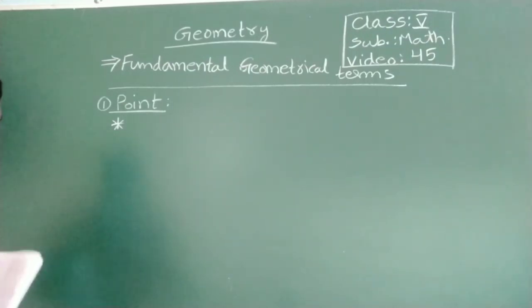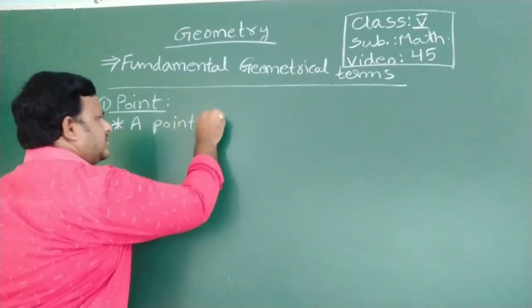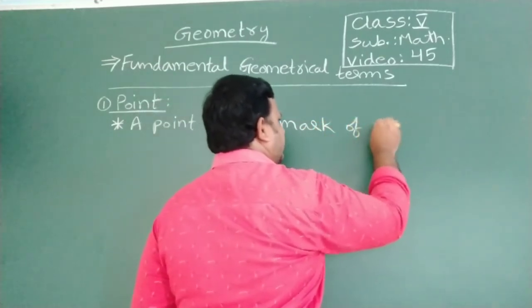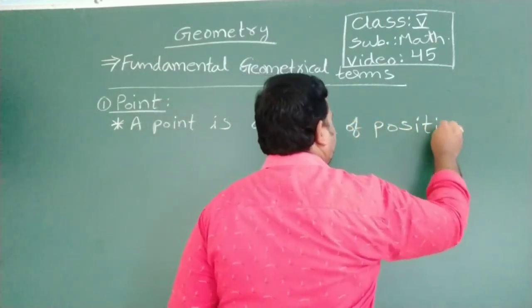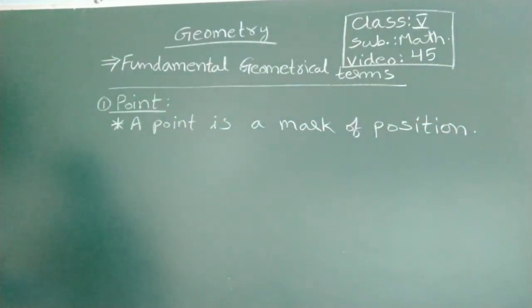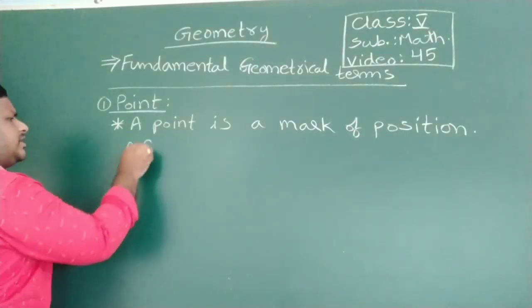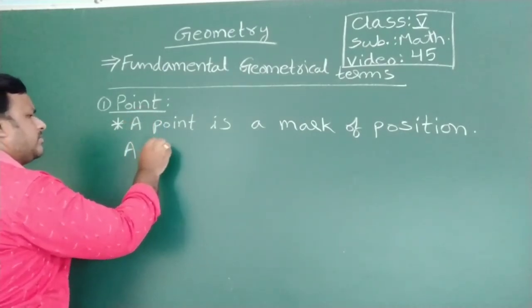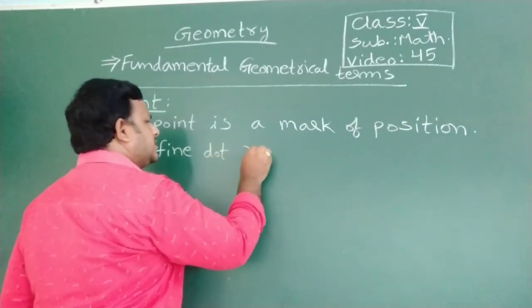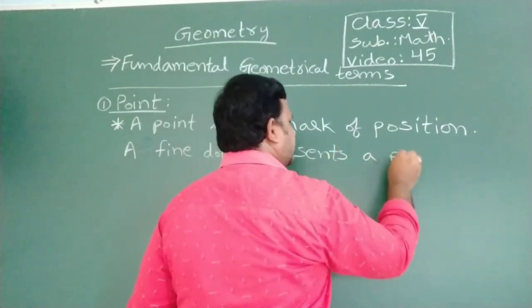So in the definition of a point, first point: a point is a mark of position. Okay, a point is a mark of position. A fine dot represents a point. In the same point I am writing, a fine dot represents a point.